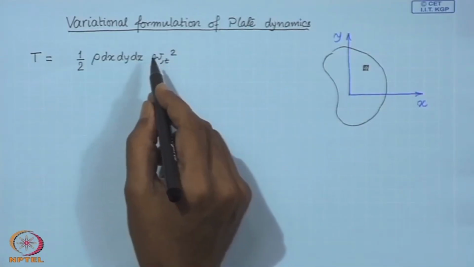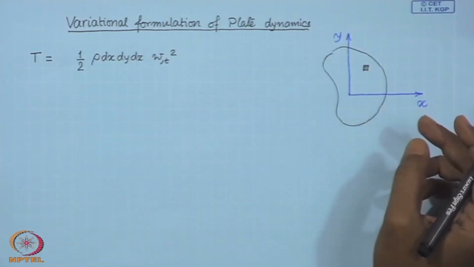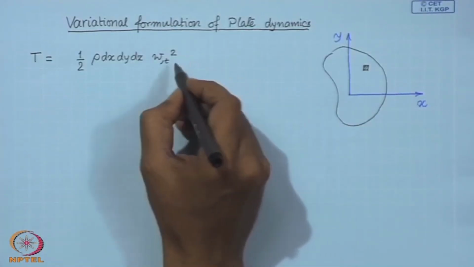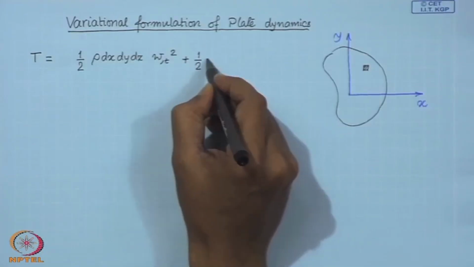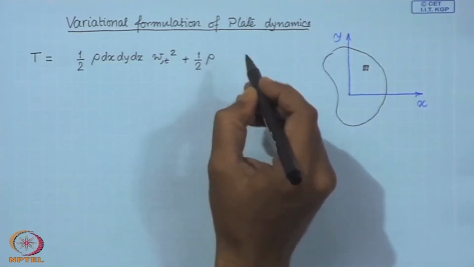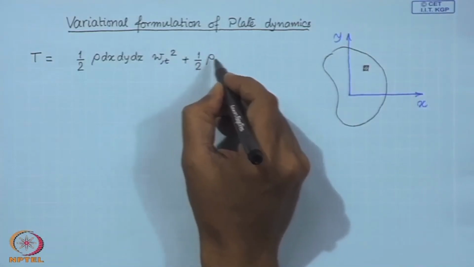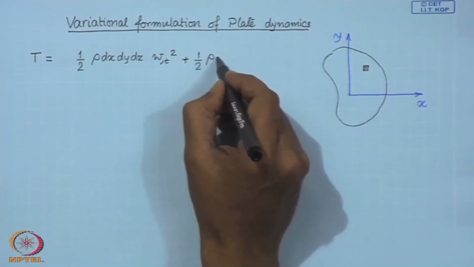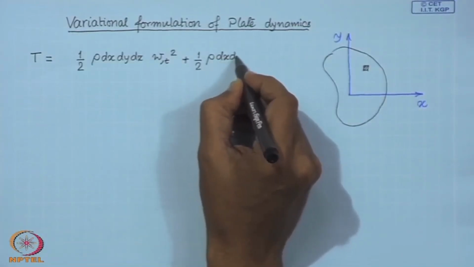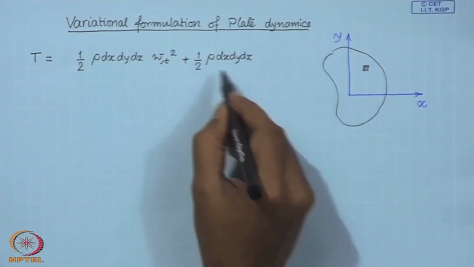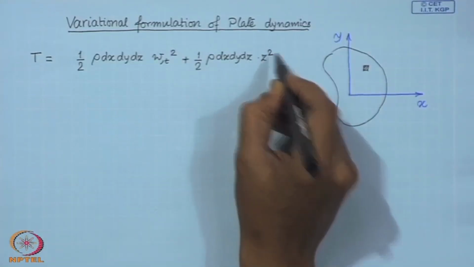Now, if you also want to consider the rotary inertia, then in addition to this you have half rho times mass times z square.